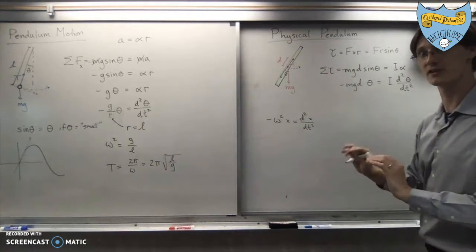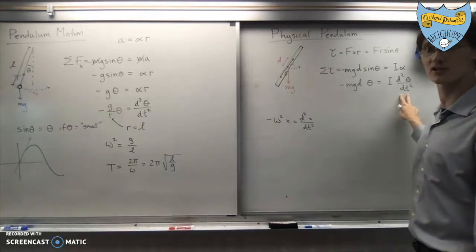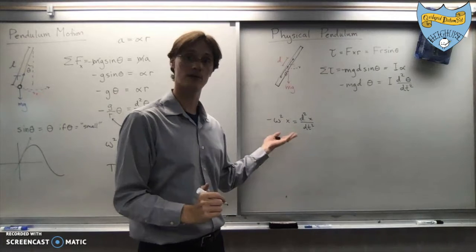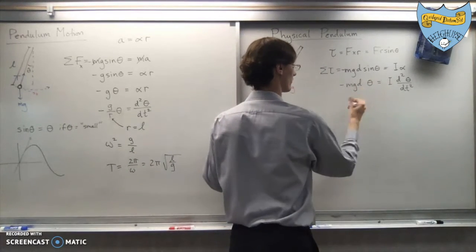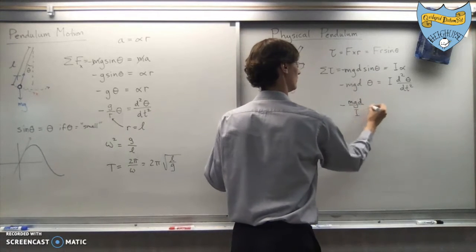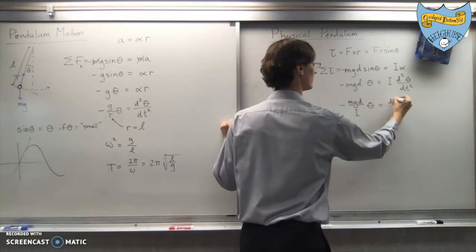We're almost there. I need to get the d squared theta dt squared alone for it to be of the proper format. So I'll just divide over the moment of inertia, and here we have our final equation.